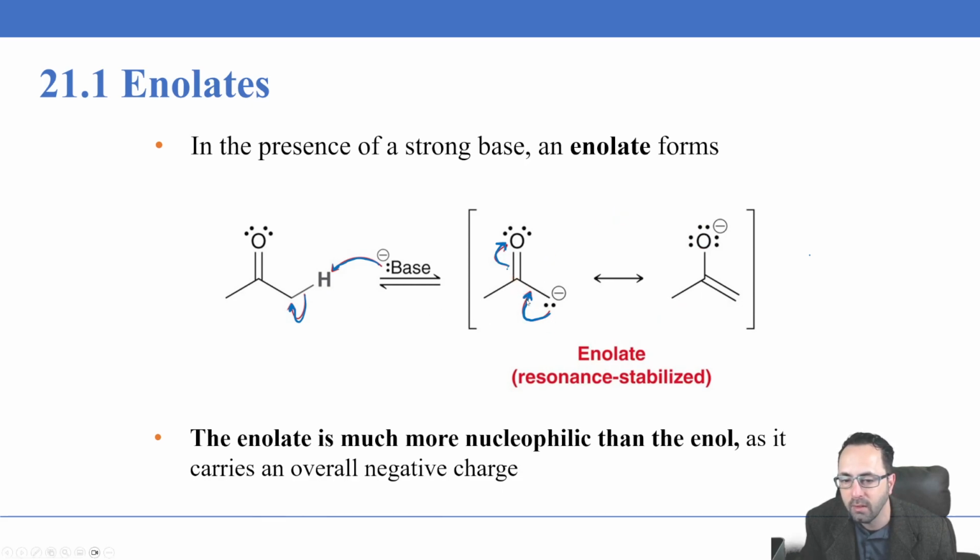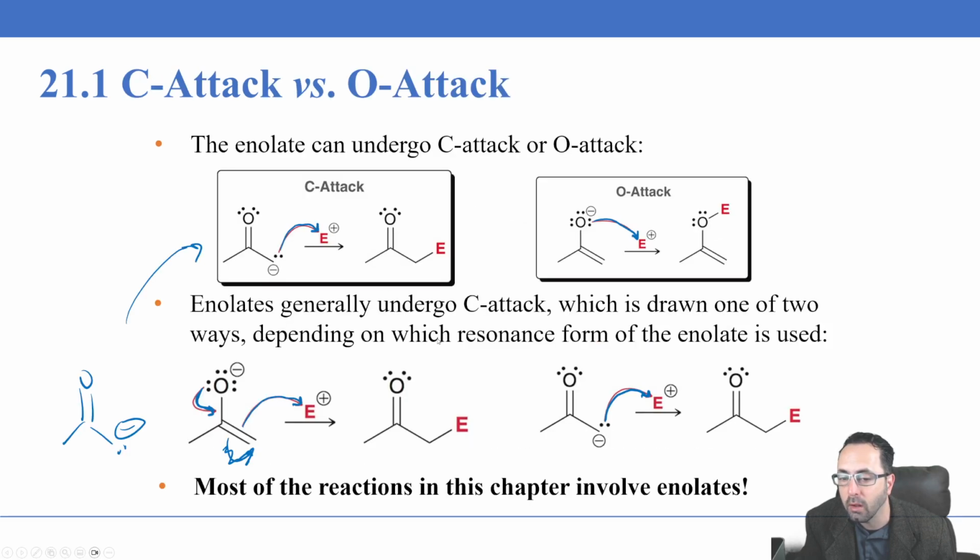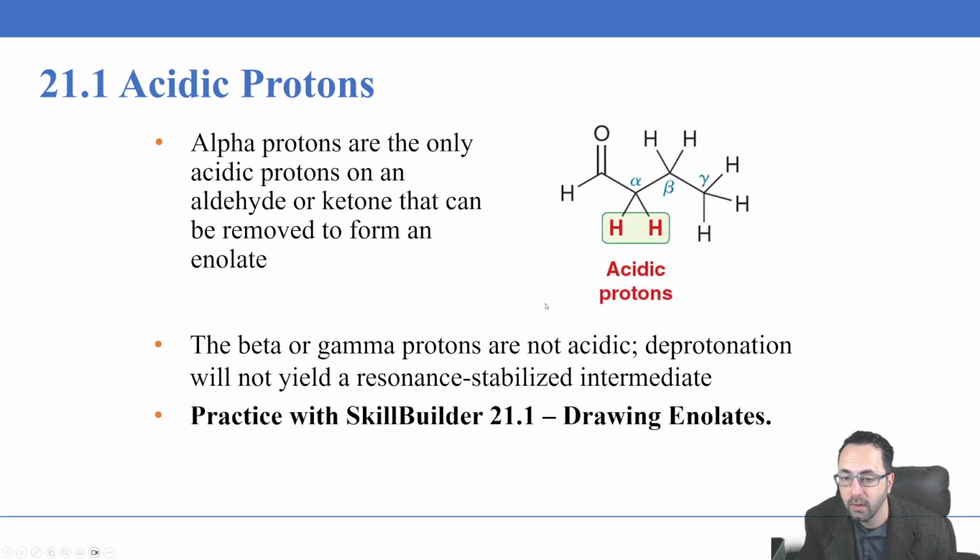Because of that resonance stabilization of the conjugate base, the alpha protons are significantly more acidic. But the other protons, like the ones on the beta and gamma carbons, would not produce a resonance-stabilized enolate ion, so those are not particularly acidic.